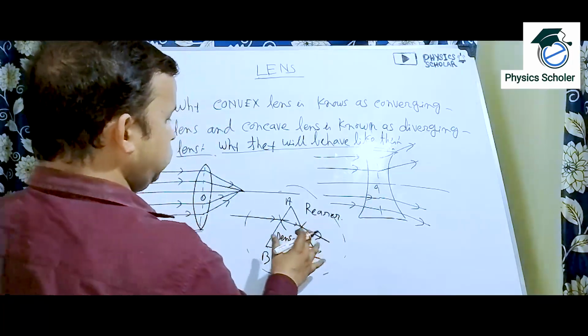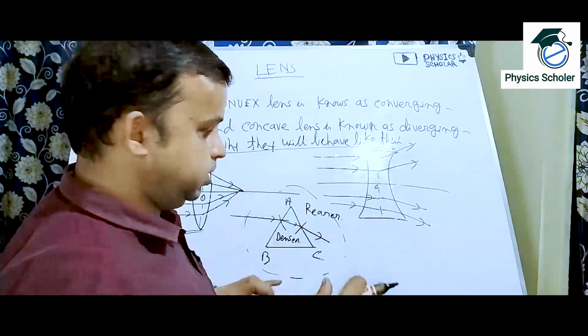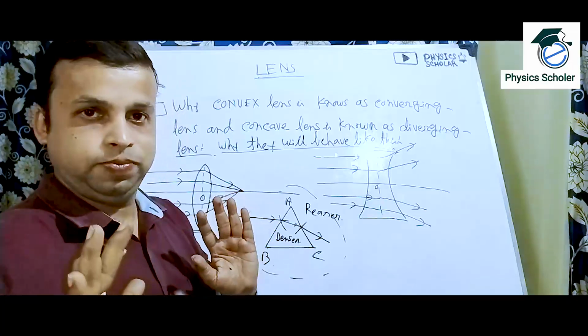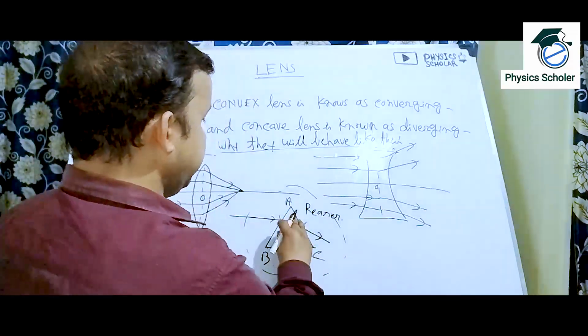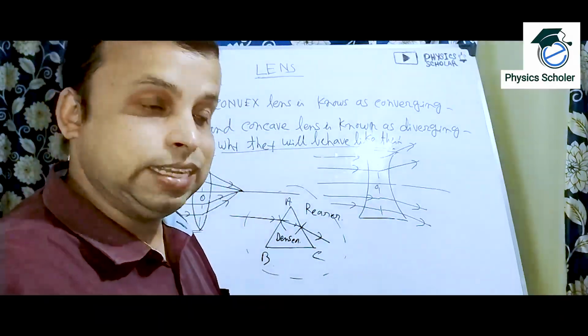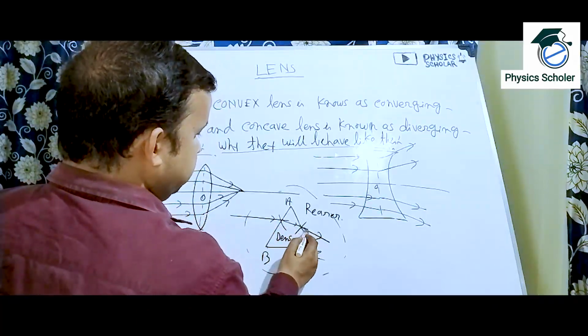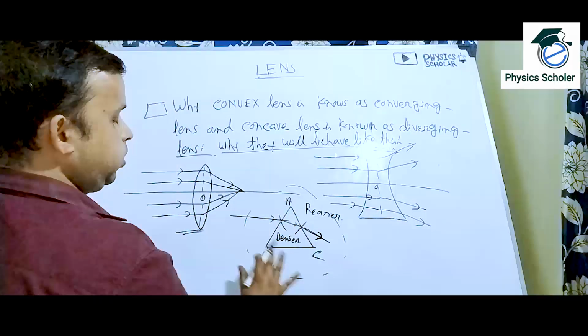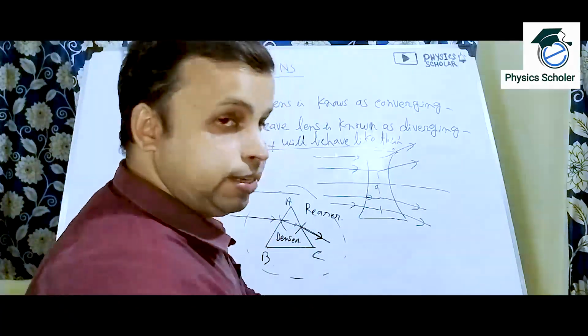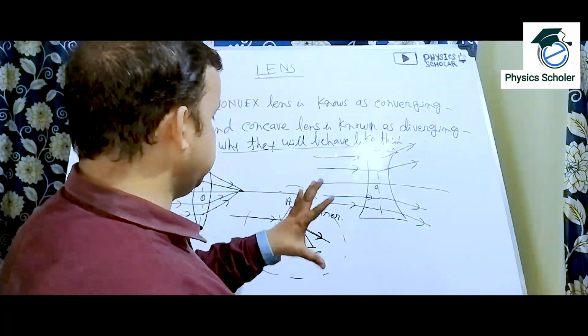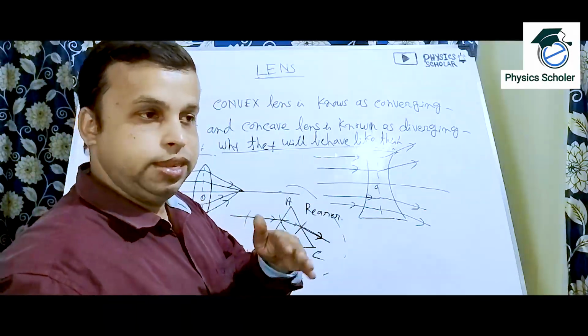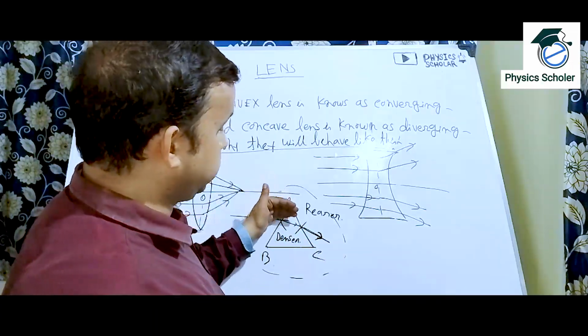Basically it will be like that. Why? Because the prism is made of glass and the surrounding medium should be air. That means the surrounding medium is rarer and the medium inside the prism is denser. So what will happen in case of the emergent ray? If all the conditions are fulfilled, we get the emergent ray. There are some conditions where we can get the emergent ray, and some conditions where we cannot.